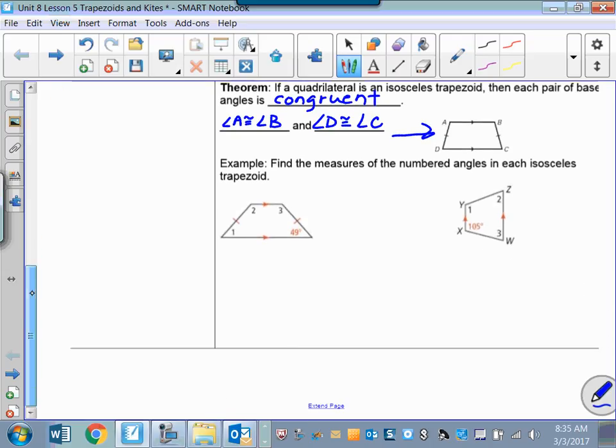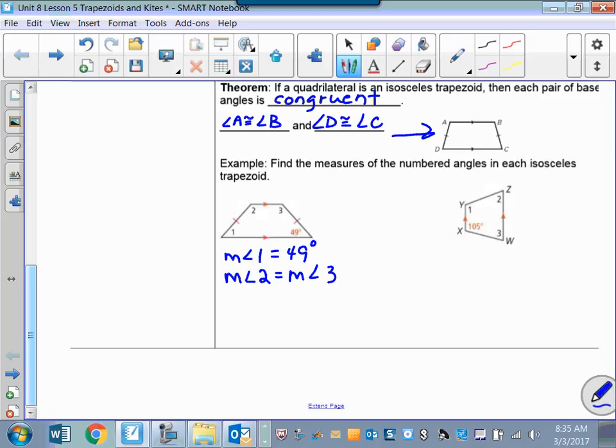All right, so let's just put this into action and solve a couple of problems. Find the measures of the numbered angles in each isosceles trapezoid. Well, of course, I know the measure of angle 1 has to be 49 because it's congruent to that other base angle there. And I know that the measure of angle 2 equals the measure of angle 3 because that's a set of base angles.